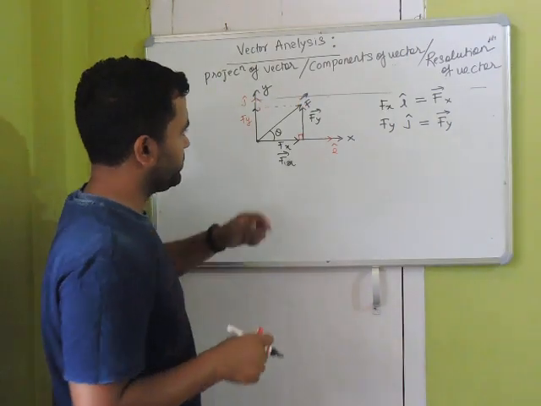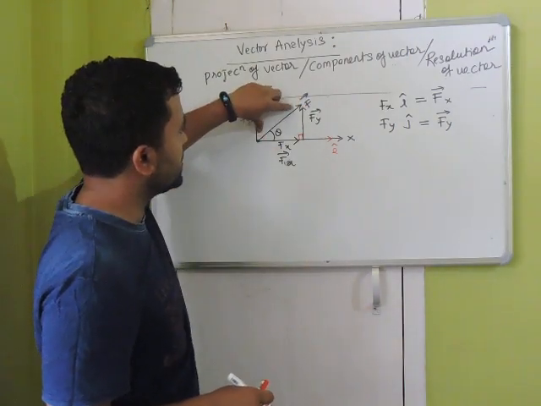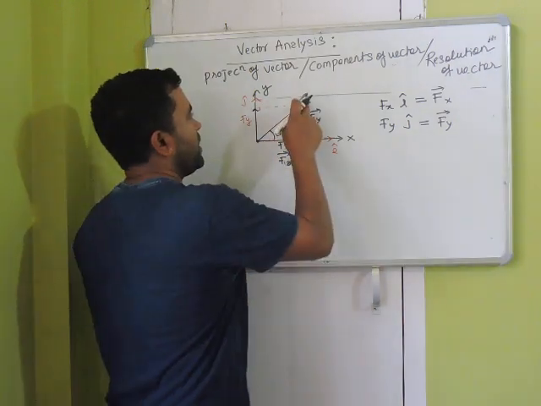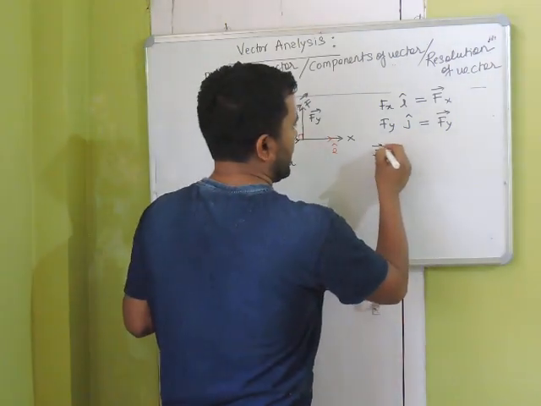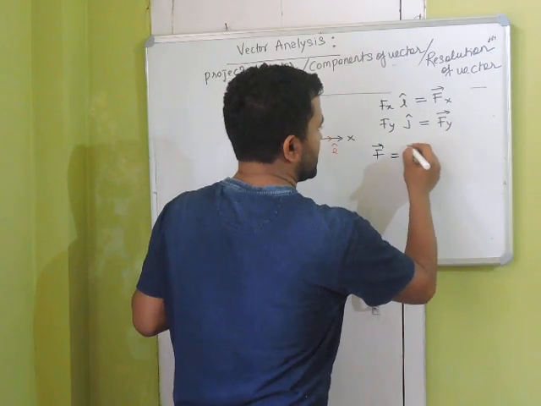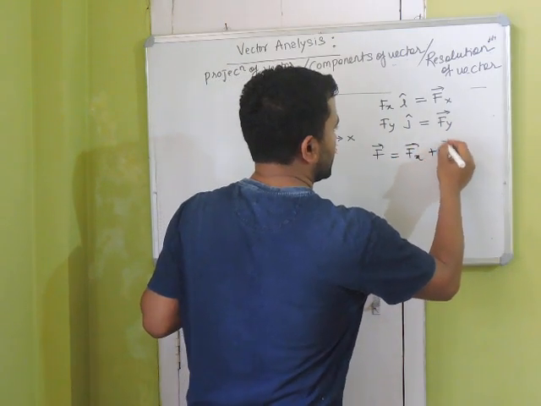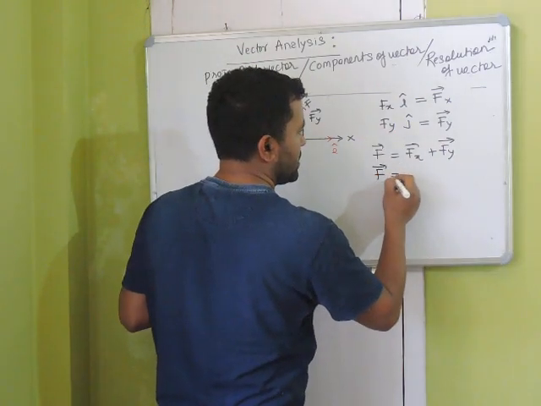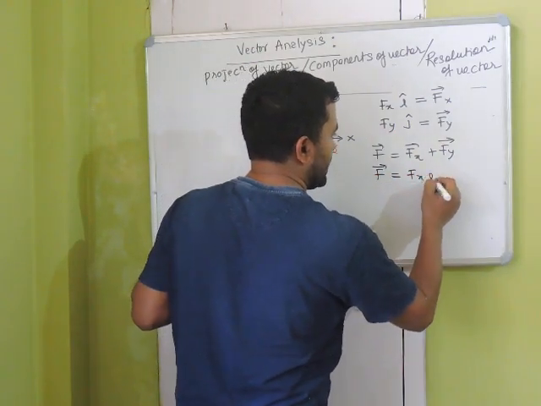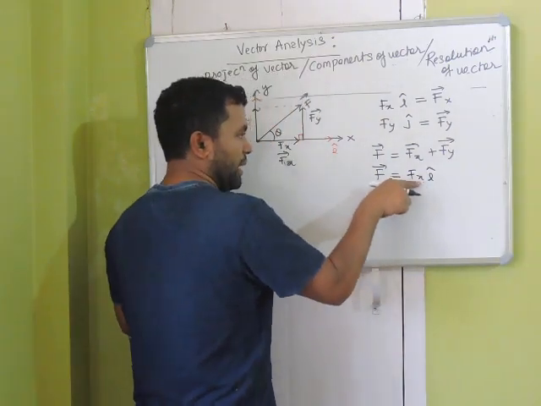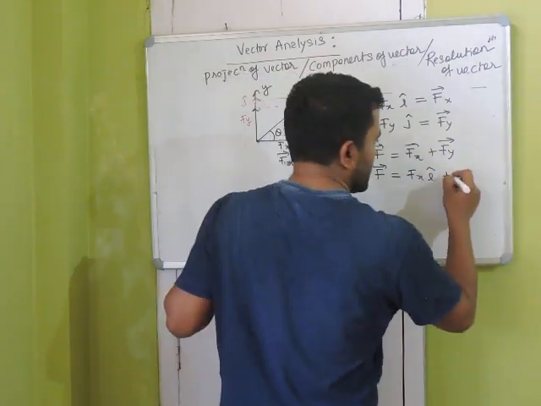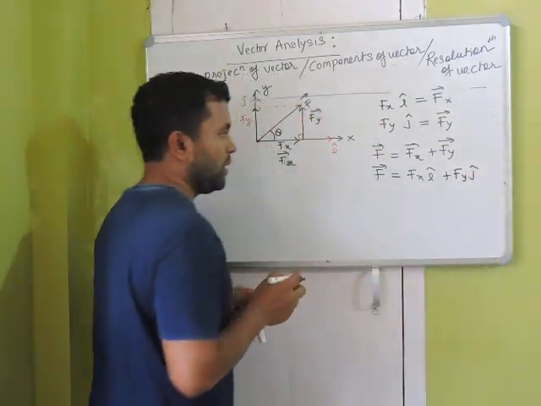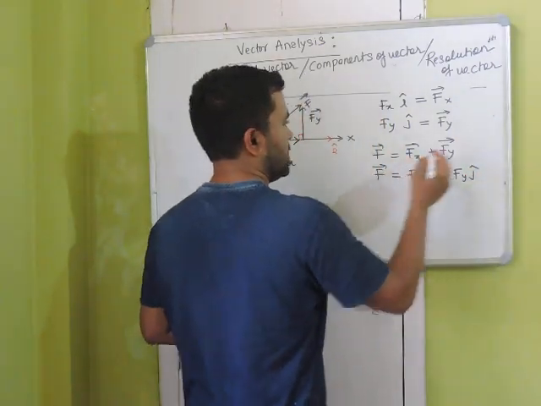I can write these two vectors represent adjacent sides of a triangle, so the resultant F can be written as Fx vector plus Fy vector. Now this Fx vector is nothing but Fx i cap, this is the number, fine, and this is Fy j cap.